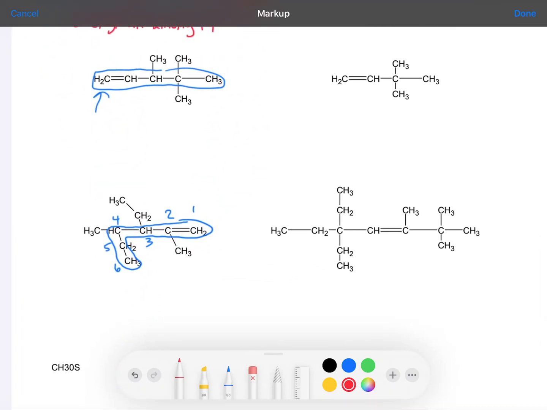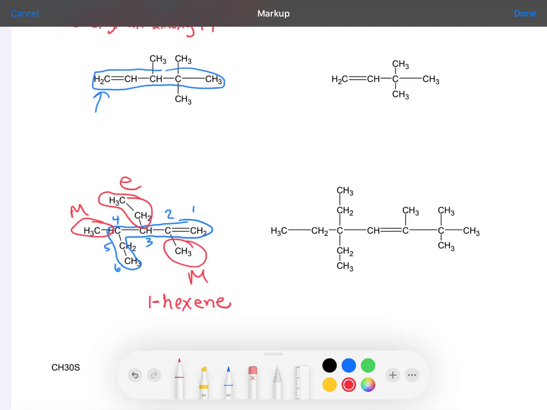If we look at this one here and identify the groups, we have a methyl group here, we have an ethyl group here, and we have a methyl group here. So this looks pretty similar. I have 6 carbons, so my prefix is hex, hexene, and this one is also between the 1 and the 2, so that's a 1-hexene.